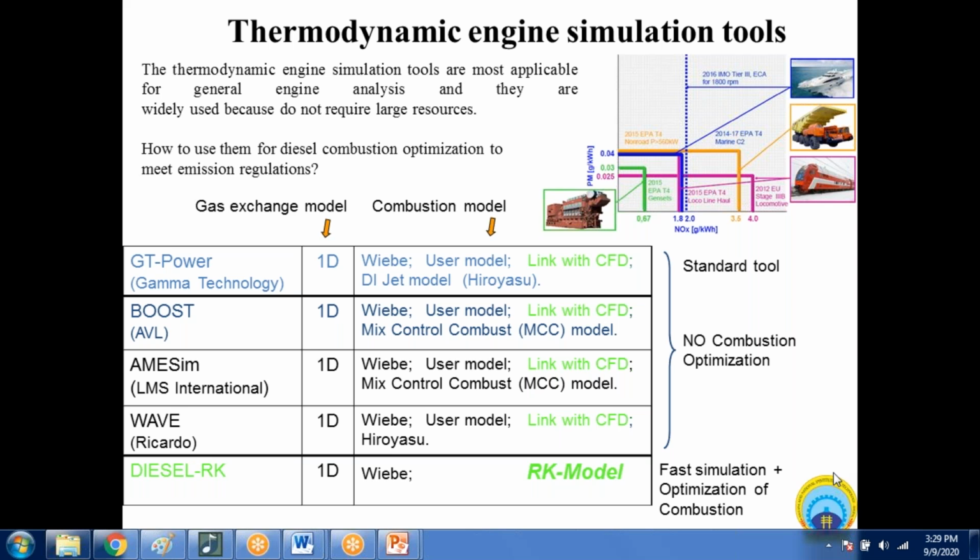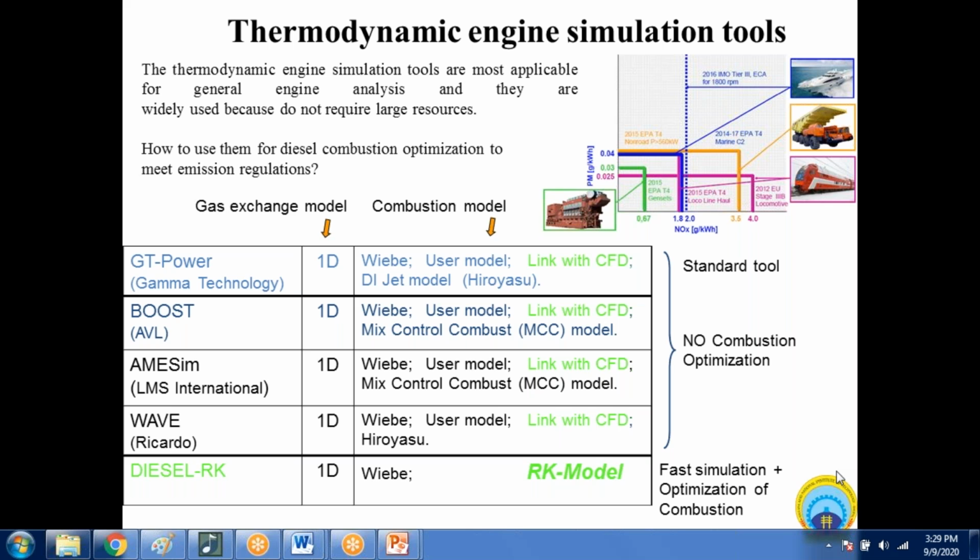What is the main advantage of this Diesel-RK is the fast simulation, and in this software we can do optimization also. If we are talking about CFD, CFD will take more time because it will first do the meshing, and most researchers spend 50% or more of the time only creating the geometry and doing the meshing.